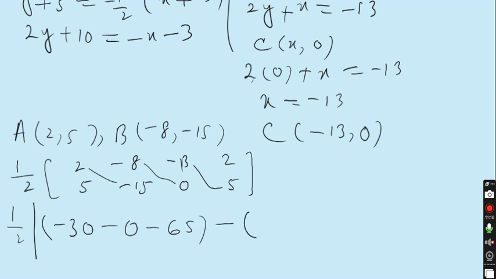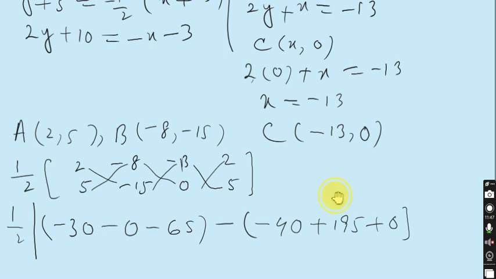Minus, now multiply 5 into minus 8, minus 15 into minus 13, and 0 into 2. 5 into minus 8 is minus 40. Minus 15 into minus 13 is plus 195, and 0 into 2 is 0.